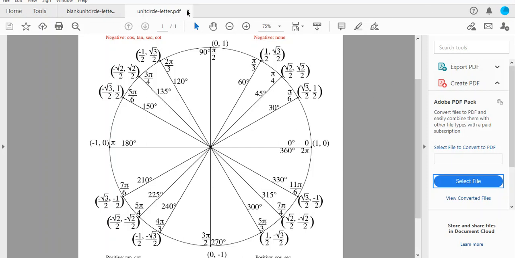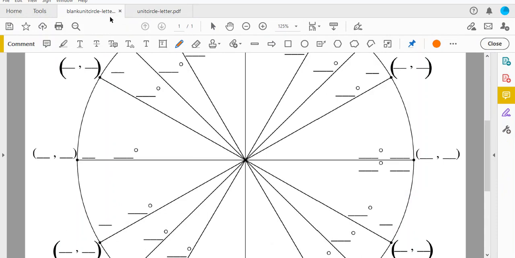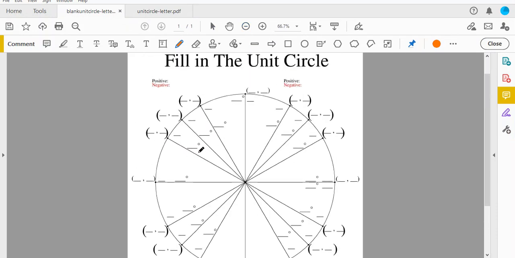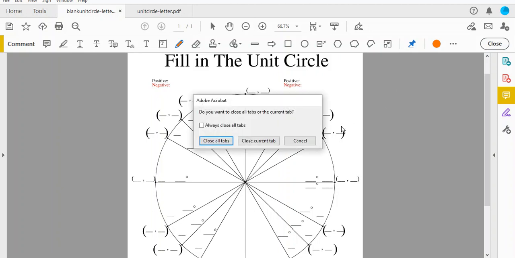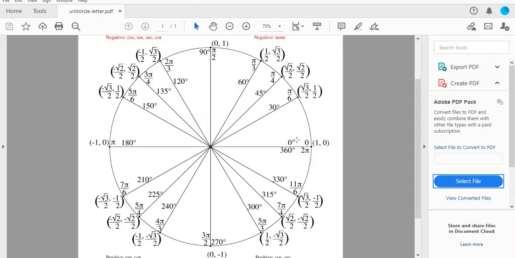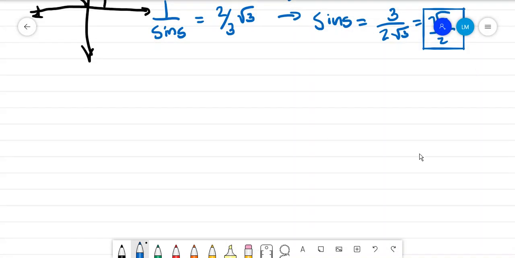So yeah, this is available under course documents in your MyMathLab account, and there'll be a blank one also for you to work out if you want to fill this out in practice, like how do you get the unit circle. And that's going to come in handy when you are working on graphs and also some of the trigonometric equations.